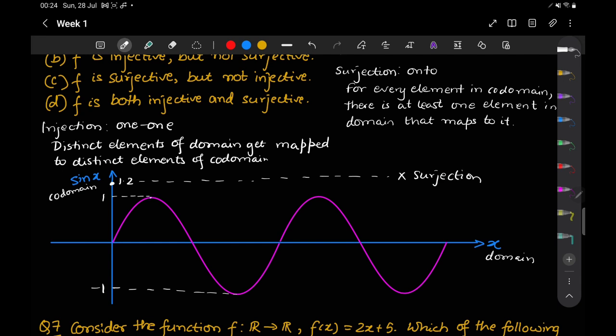And clearly you can see that for the element 1, you have this element which maps into it, and if you extend it further, you also see that you have this particular x which also maps into it. This is actually pi by 2, and this is 2 pi plus pi by 2, which is 5 pi by 2.